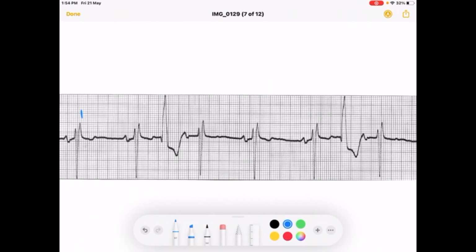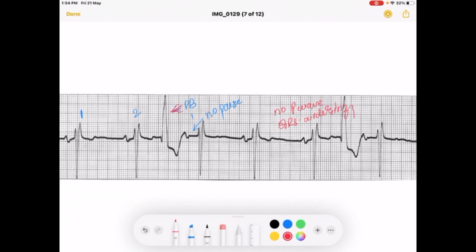Here this is a normal beat. This is a premature beat, but if you see here, there is no pause. And in the premature beat, there is no P wave, and QRS is wide and bizarre.